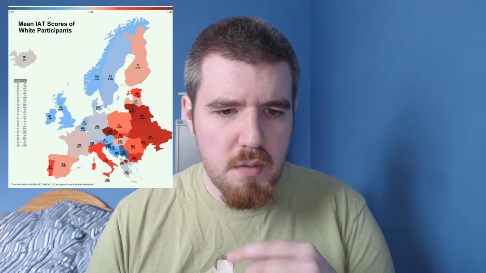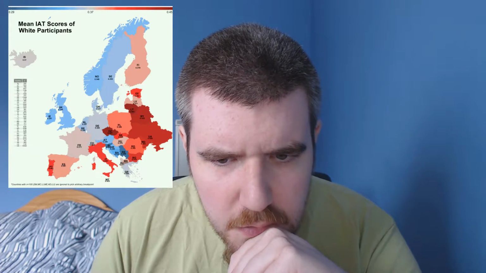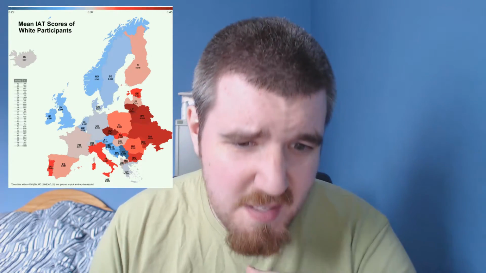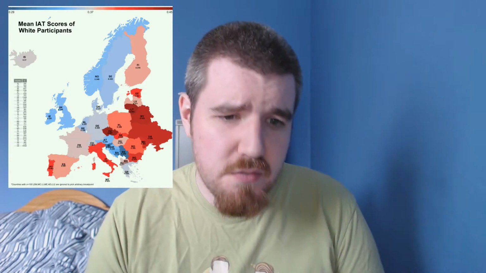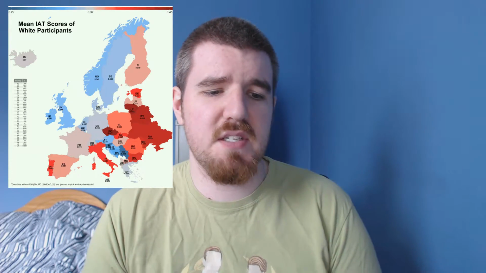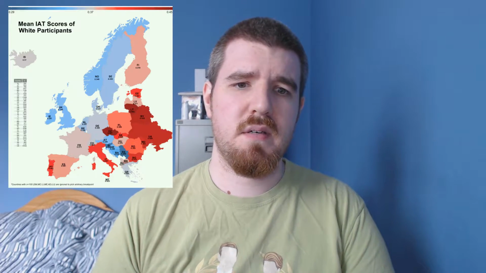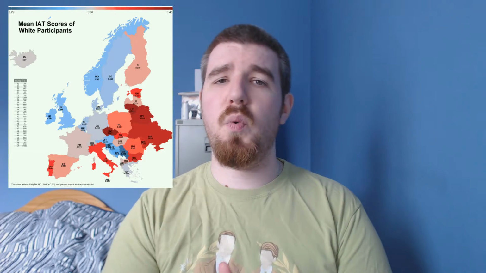So, I don't know. Where's Lithuania, which was one of the worst ones? There we only had about 700 people. 696 people, I think that says. And so as a result, that's firstly not a particularly large sample. Secondly, we don't know what the distribution was.